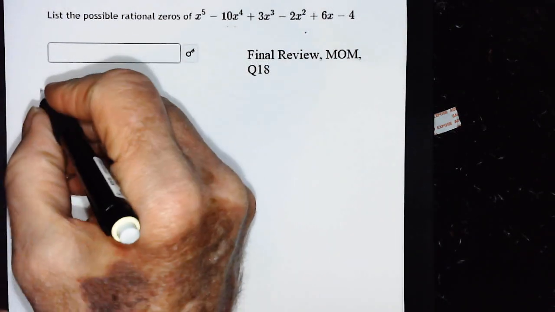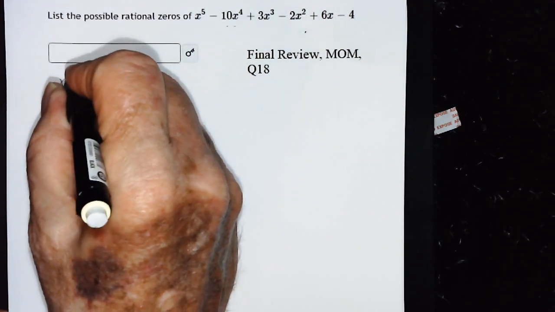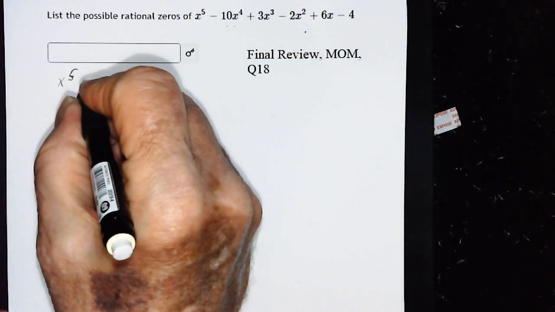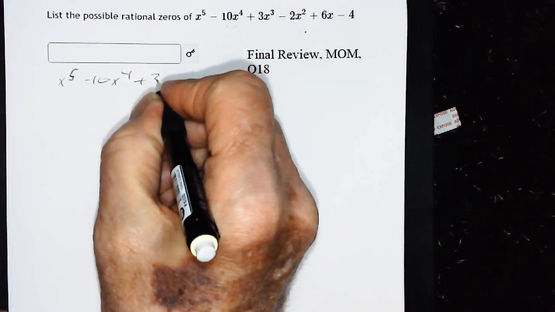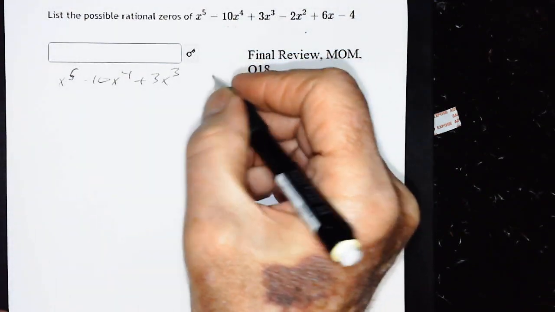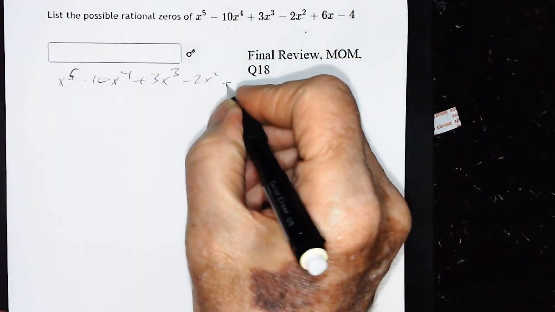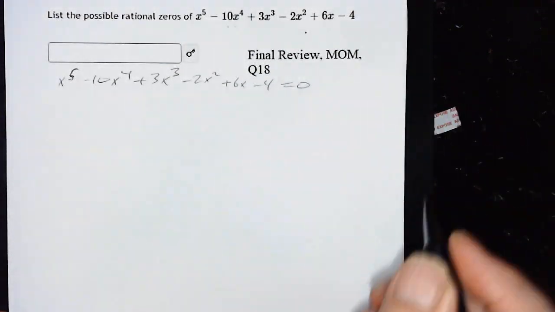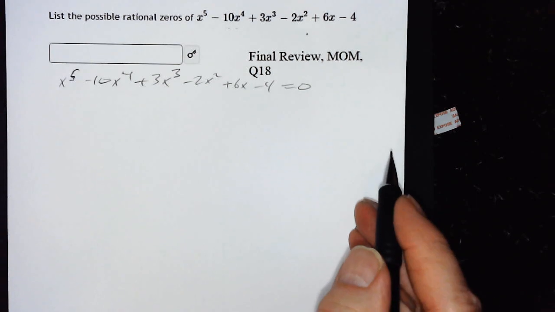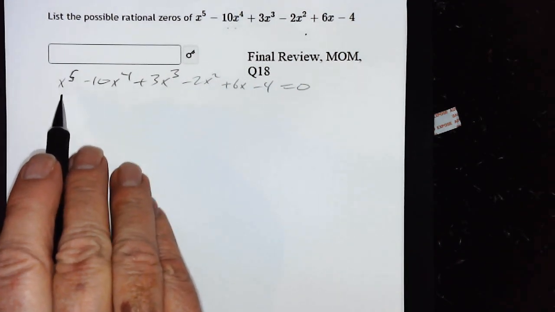Well, let's say that this was an equation, not just an expression. x to the fifth minus 10x to the fourth plus 3x cubed minus 2x squared plus 6x minus 4 equals 0. And we want to solve for x. We want to find the zeros of x. We want to find the roots.